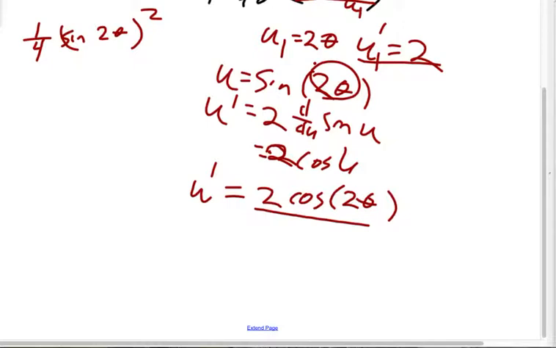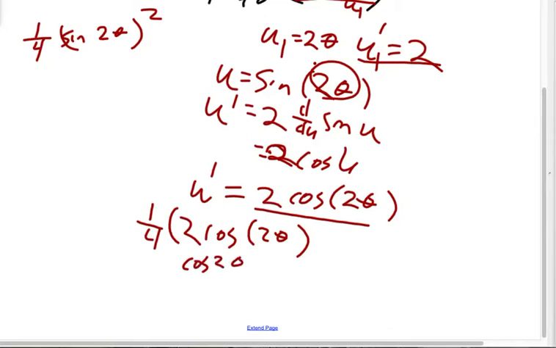And if you take a look now, all we have to do is multiply by 1/4. So I should have 1/4 of 2 cosine of 2 theta, which is going to give me cosine of 2 theta over 2. And there's our derivative. And we're done.